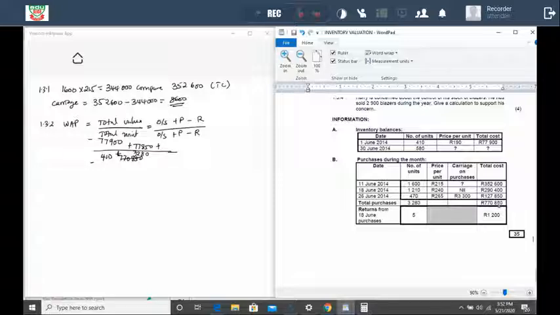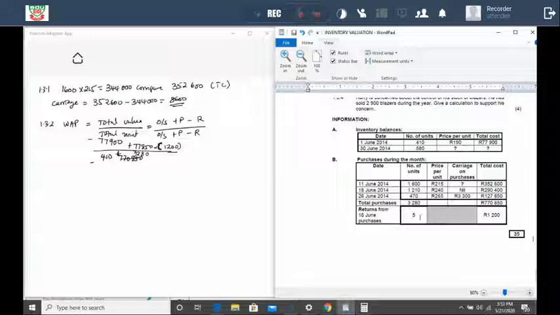Value of return, minus the value of return. How many were returned? If there was any return, let's see. We come back here. Return 1,200 units.